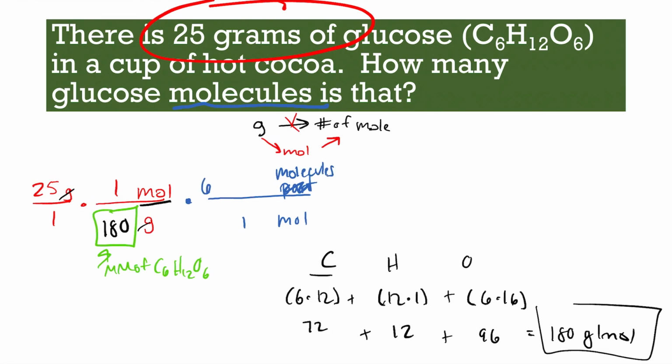Molecules, there's 6.022 times 10 to the 23 molecules in 1 mole of something. So now that we have all that set up, we're left with 25 times 6.022 times 10 to the 23rd divided by 180. When you plug it into a calculator, you have 8.4 times 10 to the 22 molecules.